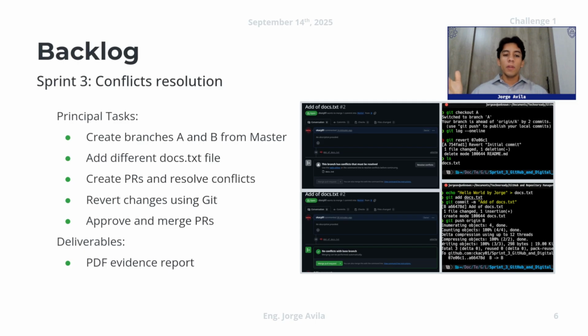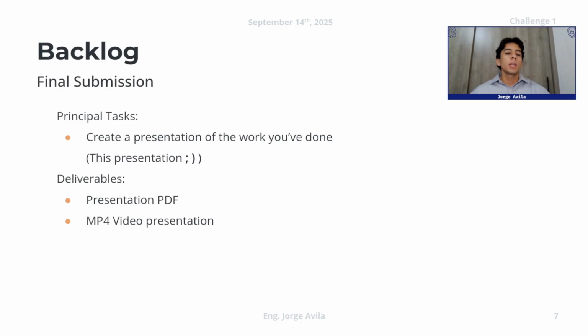Also approve and merge those PRs. And finally, I used git reset and git revert to revert the changes that I made in that repository. Deliverables were a PDF evidence report and the link to that repository.